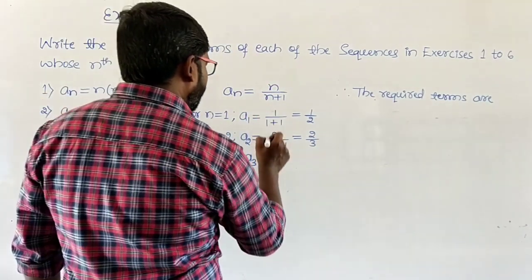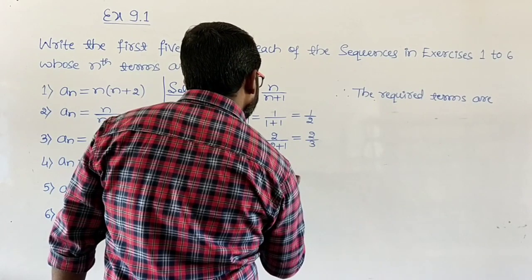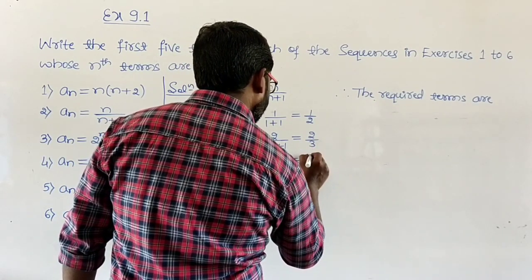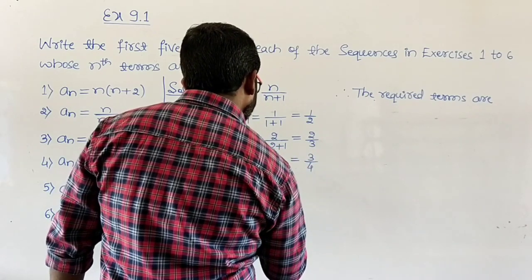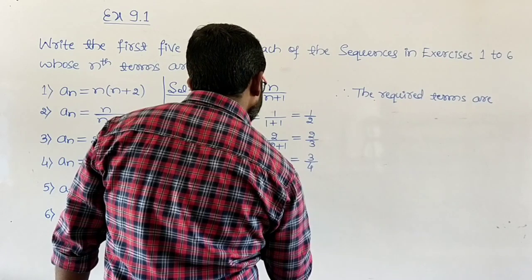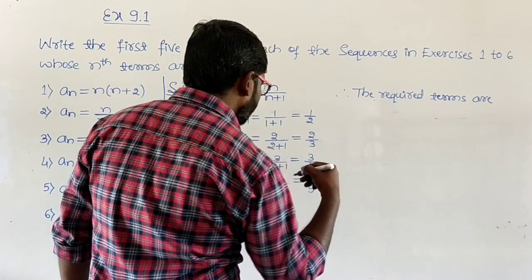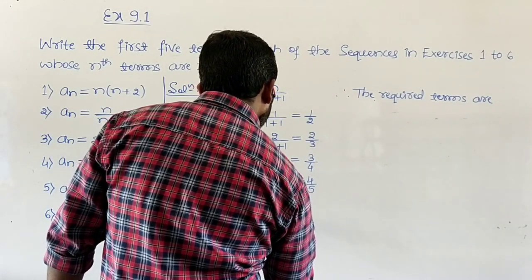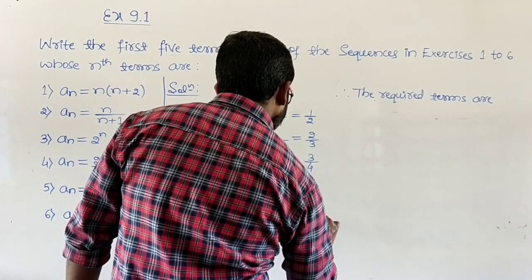Then for n equal to 3 you get 3 divided by 3 plus 1, it is 3 by 4. Then for n equal to 4 you get 4 divided by 4 plus 1, you get 4 by 5. Then here it is 5 divided by 5 plus 1, it is 5 by 6.